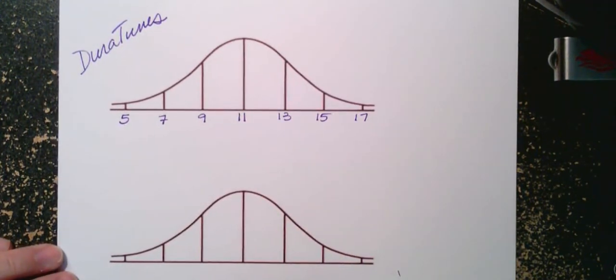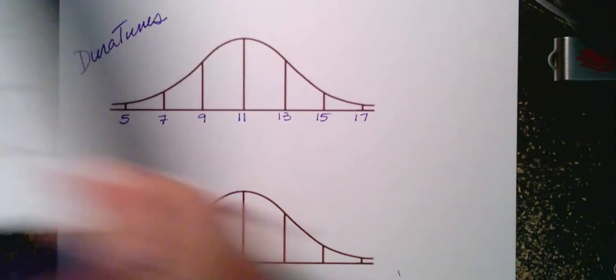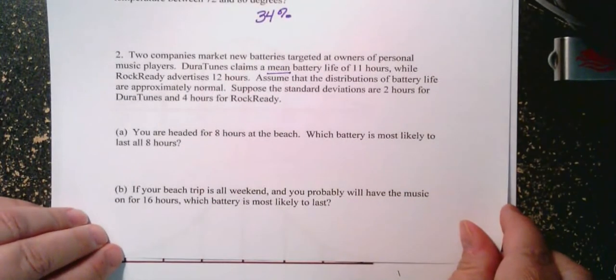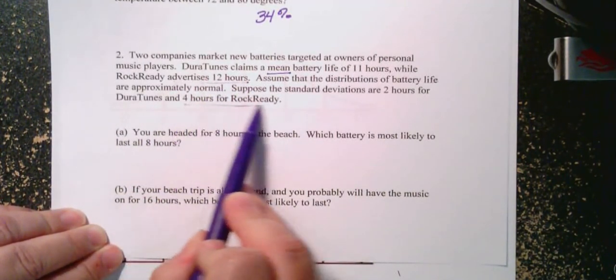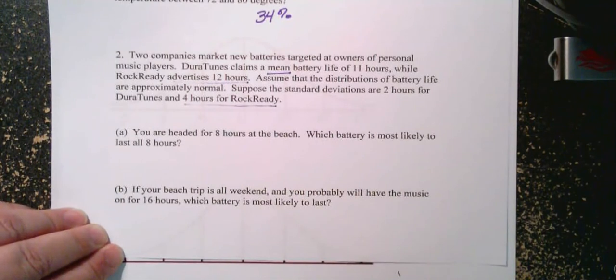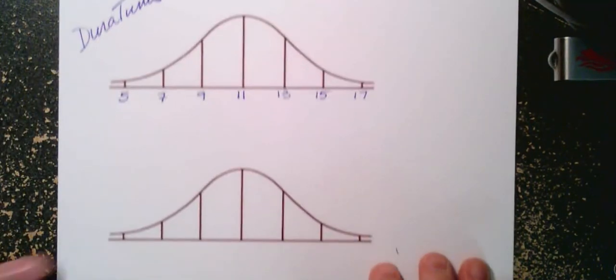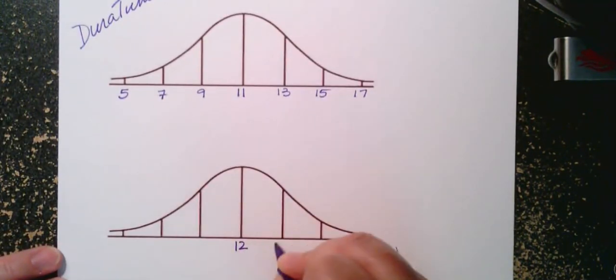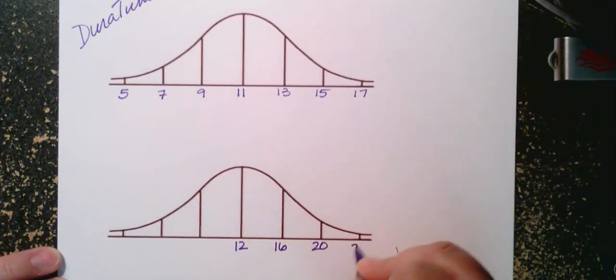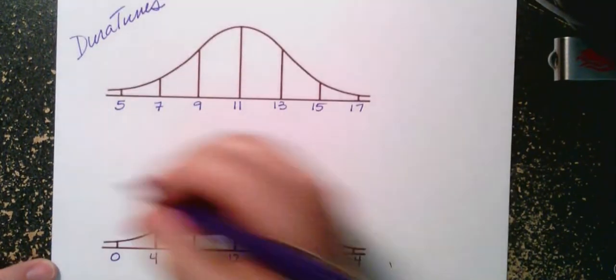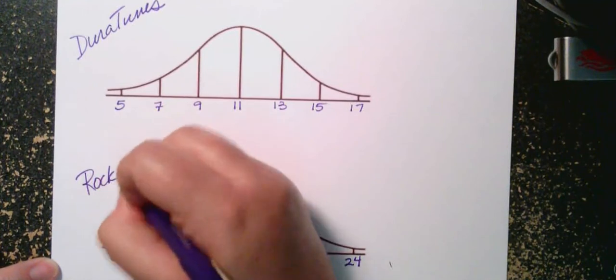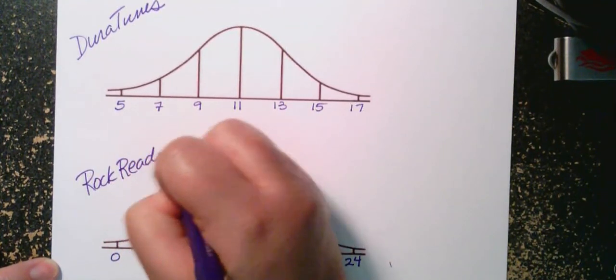Now Rock Ready has a mean battery life of 12 hours. That's right here. And that 4 hours is the standard deviation for Rock Ready. So 12 in the middle, and then plus 4, plus 4, plus 4 going to the right, and minus 4, minus 4, minus 4 going to the left. And that's Rock Ready. So we're being asked to compare these two.